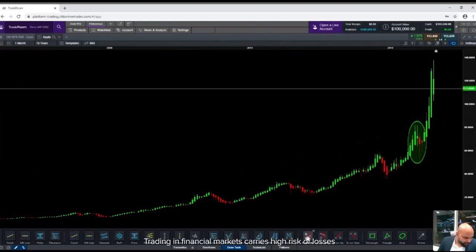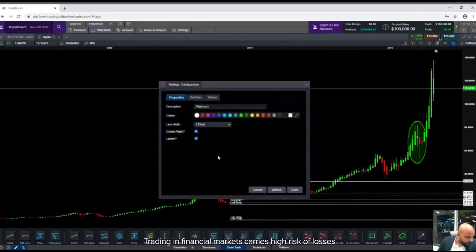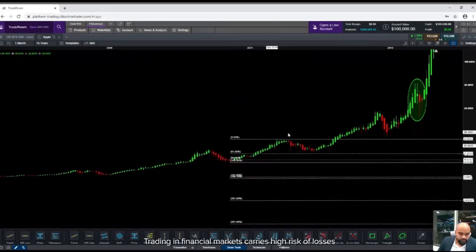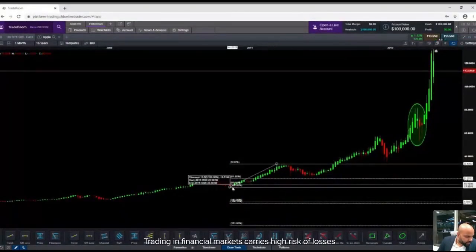All right, so this was a rally that happened. I will remove the unwanted numbers for now. So if you all can look at this particular chart, basically, market rallied up, it came down.